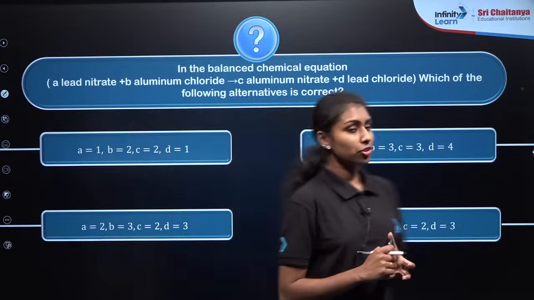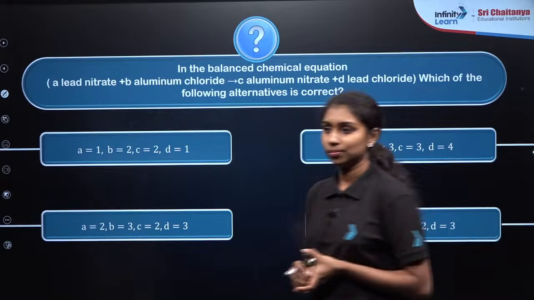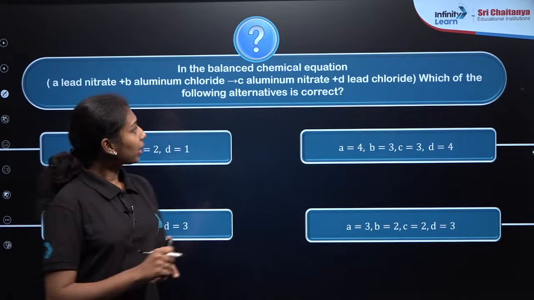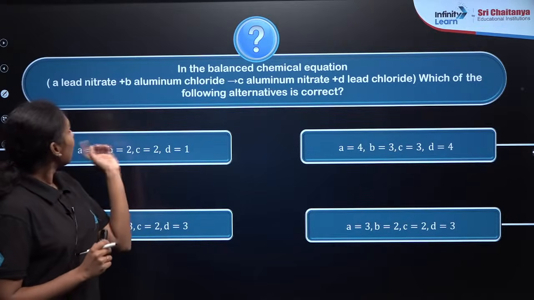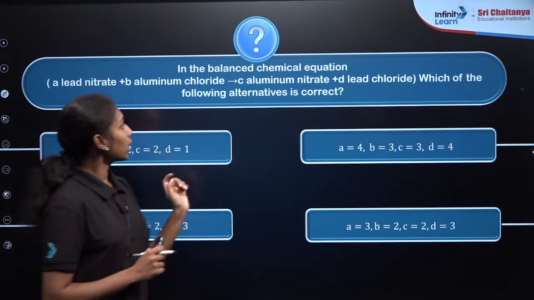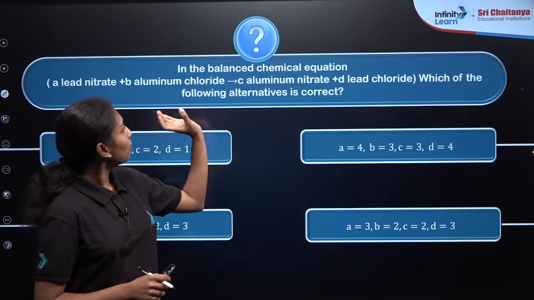Okay, now we are moving to our next question based on the balancing of chemical equations. You can take your own time. This is the reaction given here: A lead nitrate plus B aluminum chloride gives C aluminum nitrate plus D lead chloride. This is the balanced chemical equation.